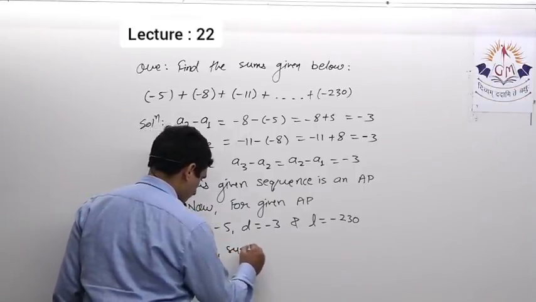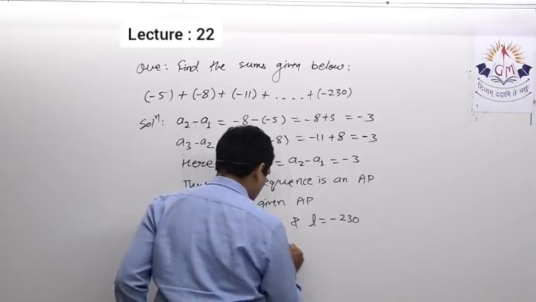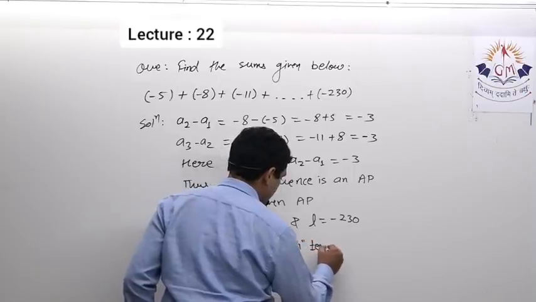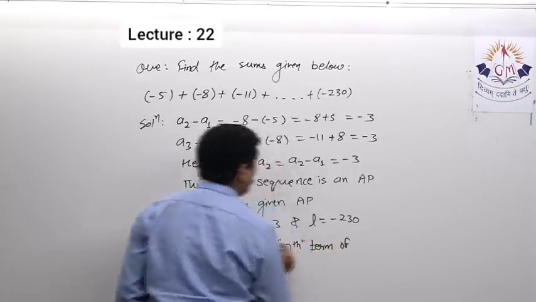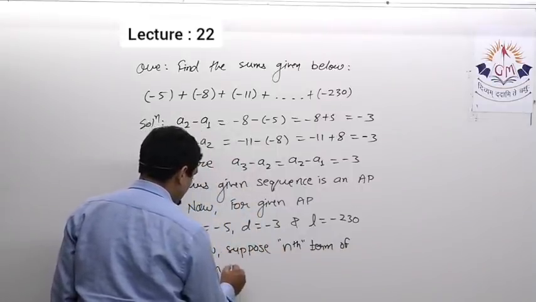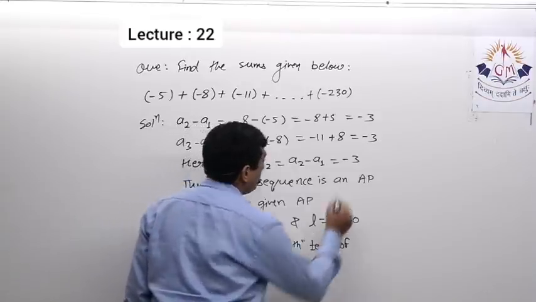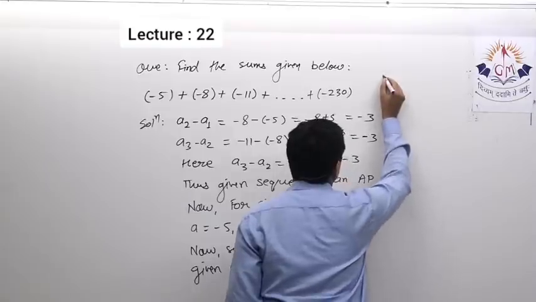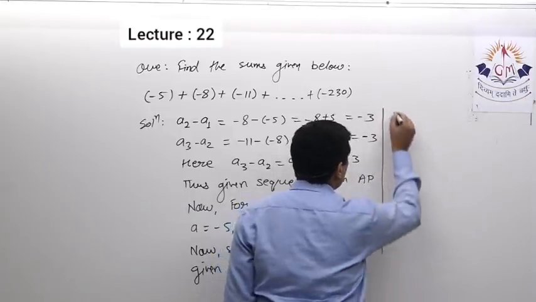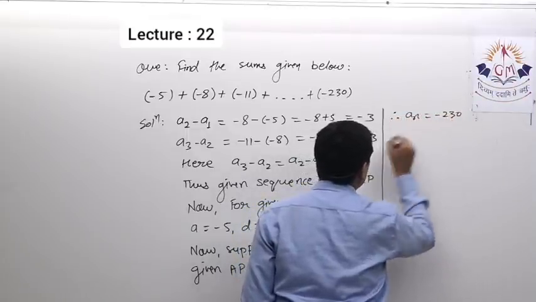Okay, so now suppose the nth term of the given AP is minus 230. Therefore an is equal to minus 230.